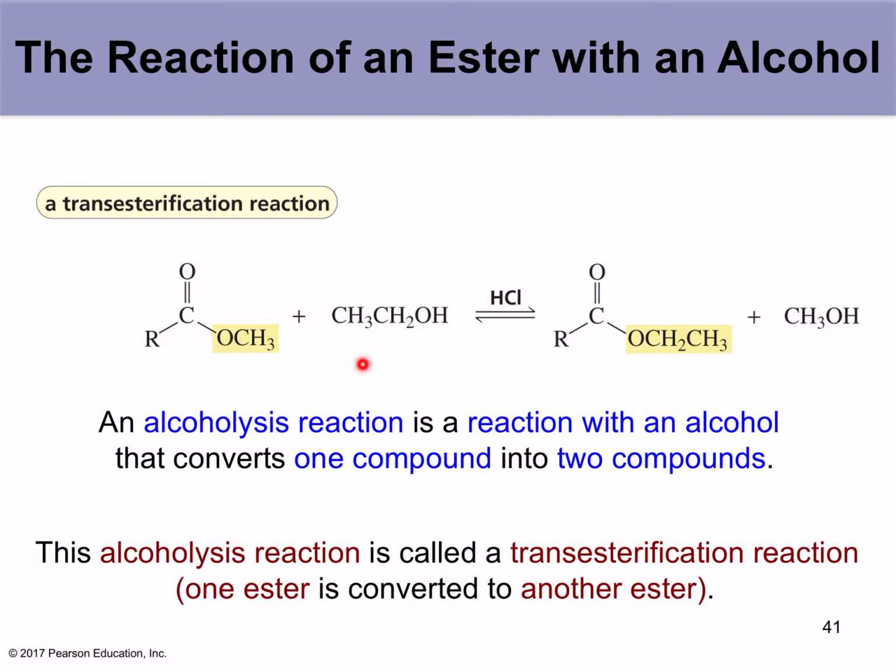So the hydrogen goes to the methoxy part, and the other part goes here. It forms an ester and an alcohol, so we call it alcoholysis. It's a reaction with an alcohol that converts one compound into two compounds, an ester and an alcohol. This alcoholysis reaction is called a trans-esterification reaction: one ester converted to another ester.